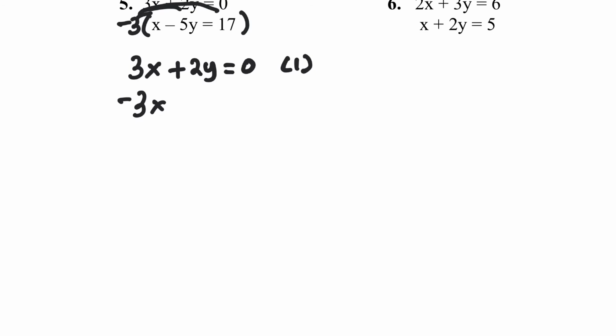Negative 3x plus 15y equals 17. 7 times 3 is 21. So we have negative 51.